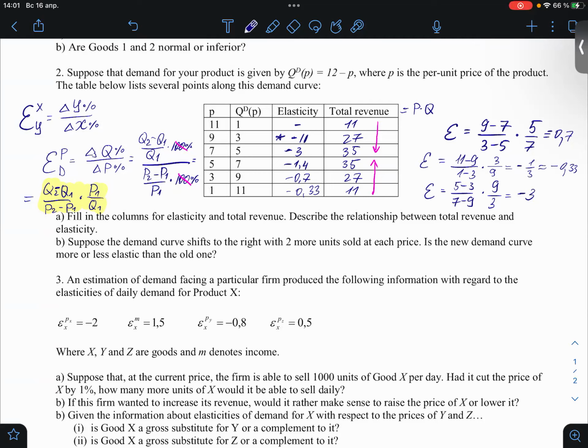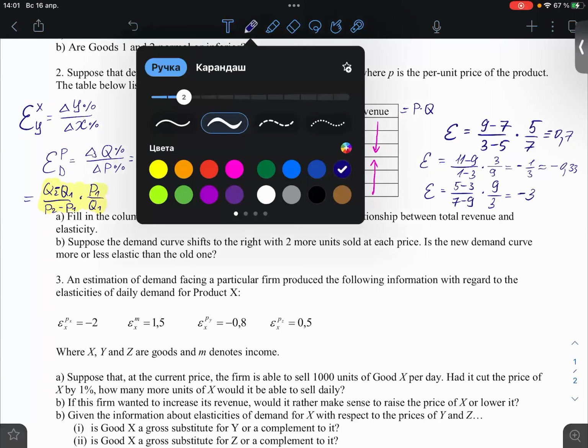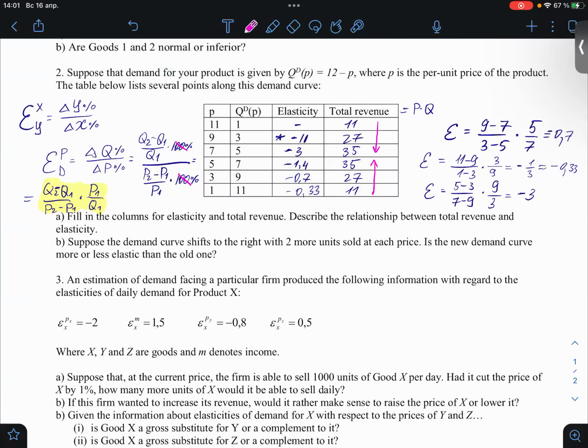So, okay. As you see, what is the connection? When the total revenue increases, we have by module lower and lower elasticity.